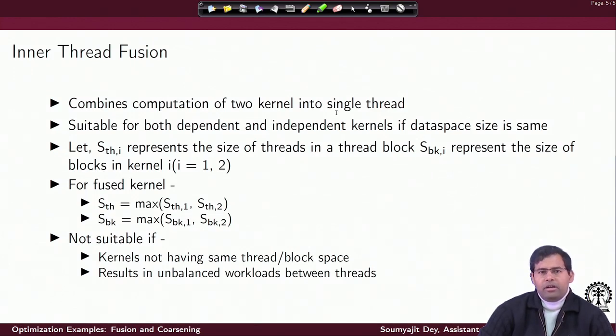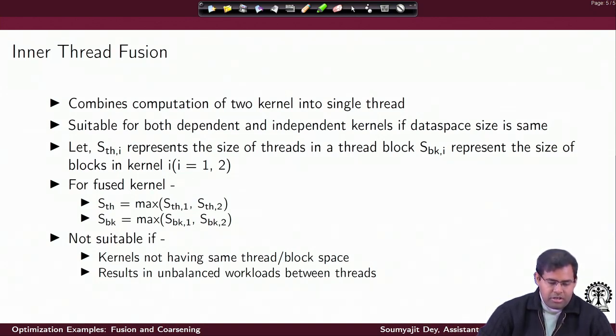Dependent kernels mean that the first kernel's output is the input for the second kernel, as we saw in the task graph, where every edge is a dependency edge. It is also suitable for independent kernels, but there is a constraint that the data space size has to be the same, so that we can use the same data space size to define identical thread blocks for the fused kernel.